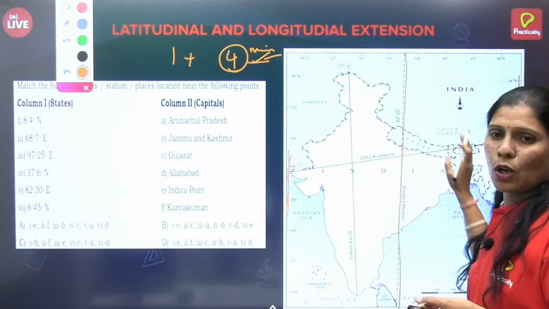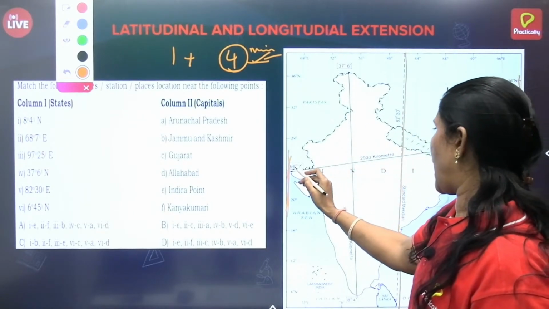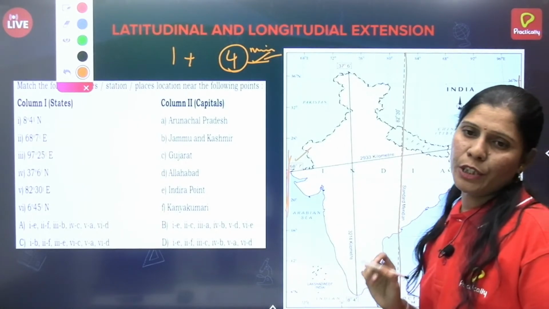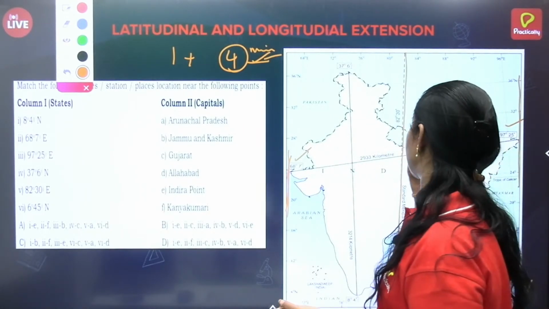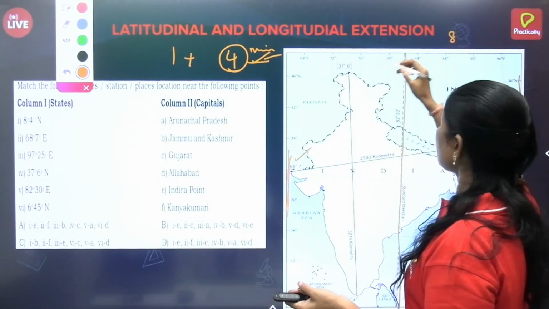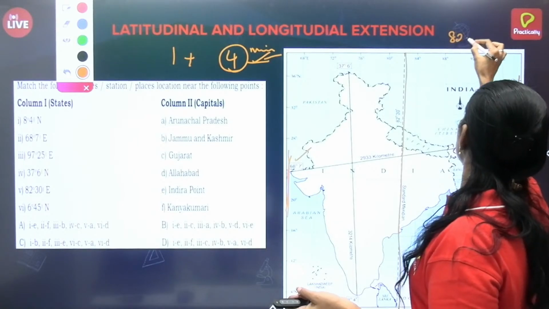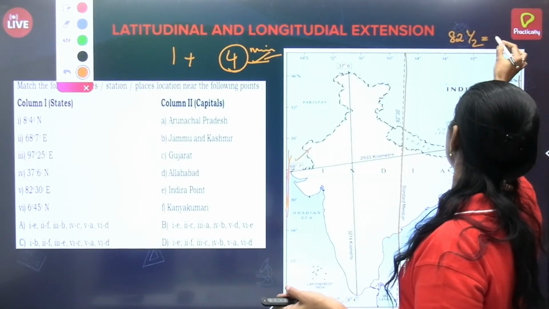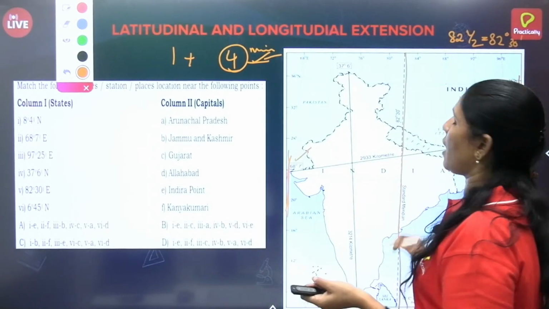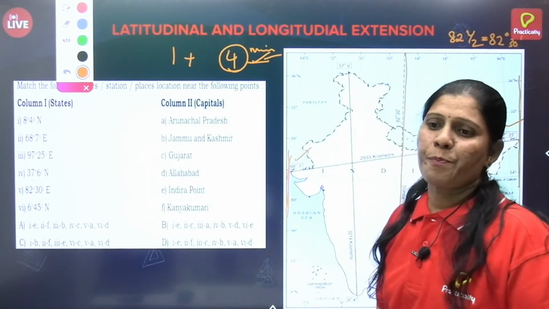Adding the average of these longitudes, 68 with 97 and dividing by 2, we get exactly 82.5 longitude. That means 82.5 is represented as 82 degrees 30 minutes, half being considered.